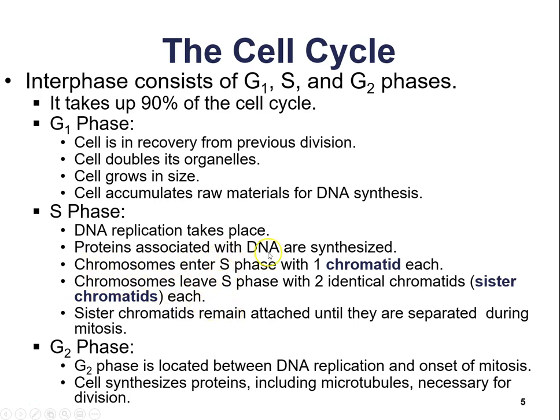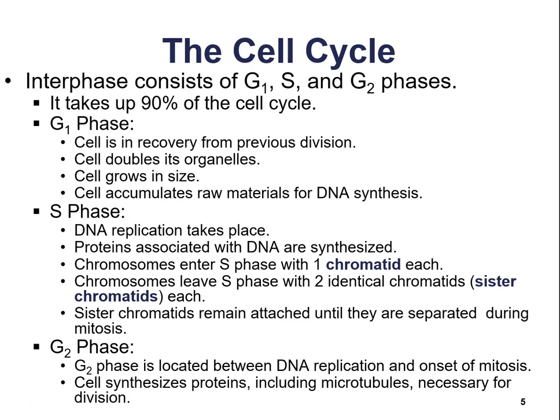So chromosomes enter S phase with one chromatid each, but then they leave with two because the DNA is replicated. Now, we'll talk a little bit more about sister chromatids and about chromosomes later on in the chapter, so don't worry about that right now. You don't have to worry about understanding that specifically because I'm going to come back to it and explain it a little bit more.